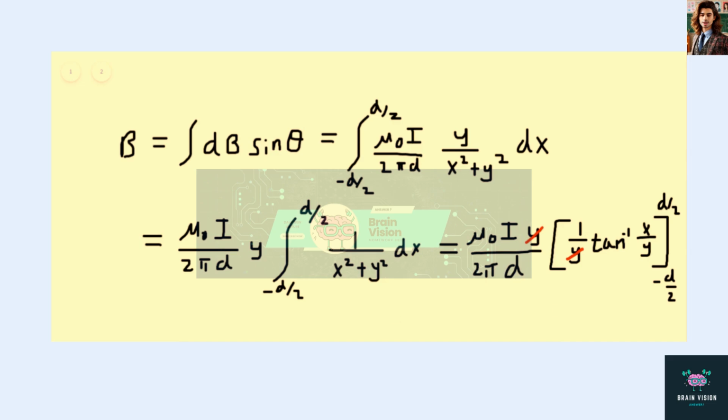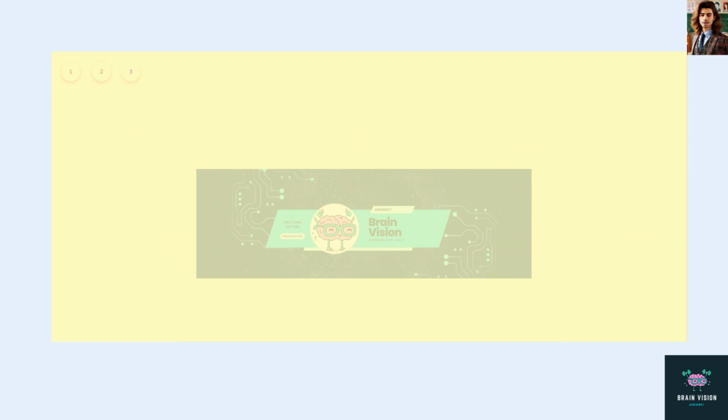If we plug those values in, and I ran out of room on this page, so I'll start another one, what we find is this is equal to mu naught times I over 2 times pi times the distance d. Remember those y values cancel. And then in the integration, this is equal to 2 times the inverse tangent of d over 2y.